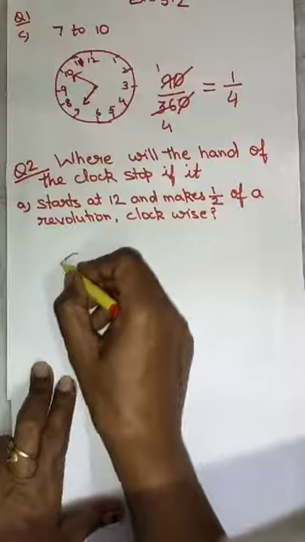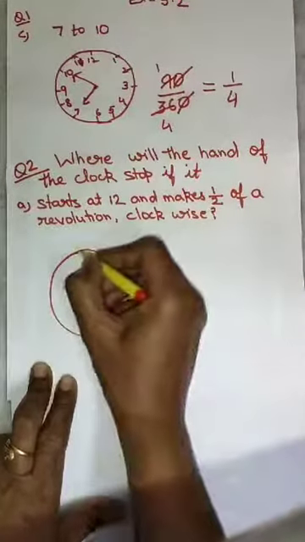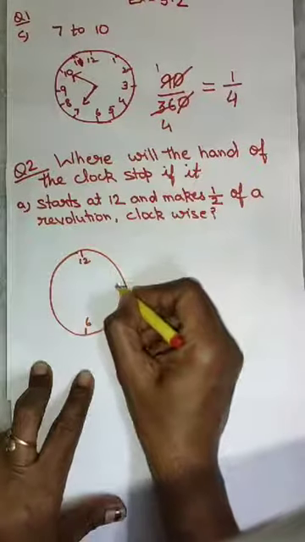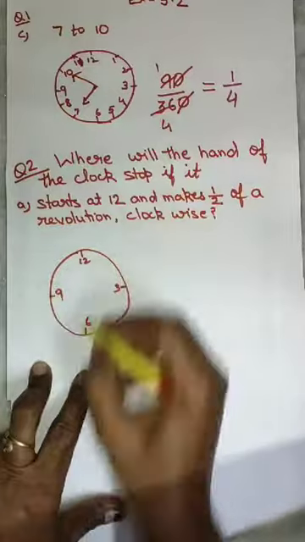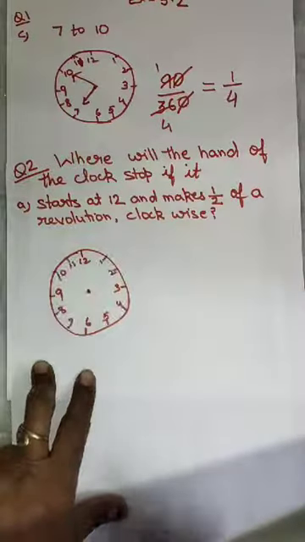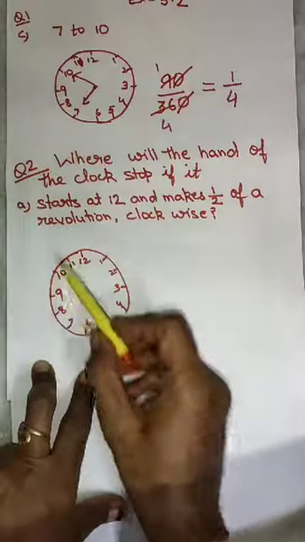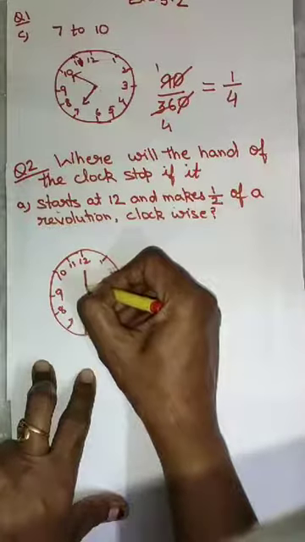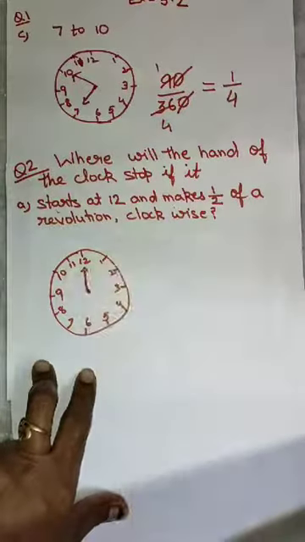Now let us understand this question again with the help of clock. So this is your clock. It starts at 12. It starts from here and makes half of a revolution.